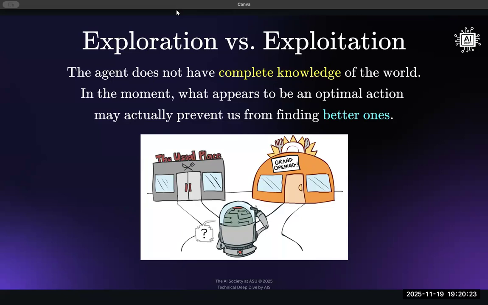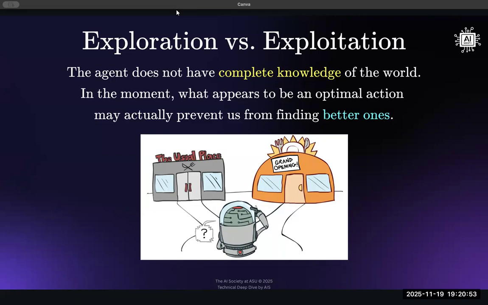So, perhaps there are better optimal actions out there. Maybe we can take the risk and explore, or we can just keep on doing what we're doing so far. This whole problem leads to a class of structures called bandits, which you equip with some parameter epsilon. Can I explore or exploit?